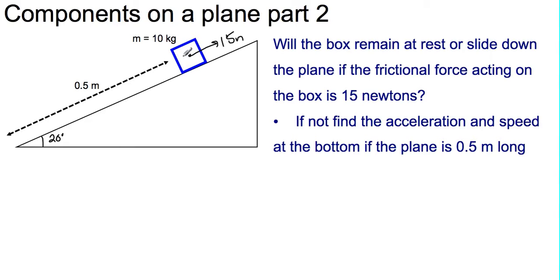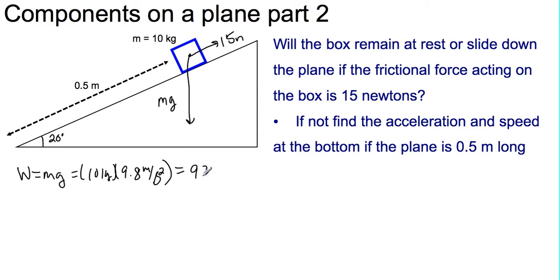Going back to the prior video, we know that the main force acting on this is gravity, which is simply the weight, or mg. So in this case, the weight, or mg, is going to equal 10 kilograms times 9.8 meters per second squared. The idea is you end up with 98 newtons of force.